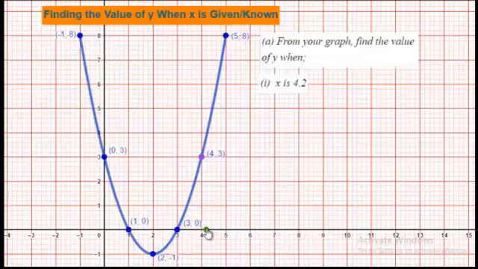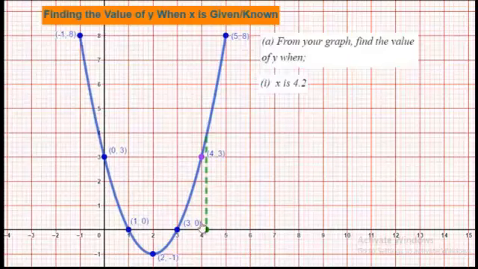Now what I will do is to draw a vertical line from where the 4.2 is to touch the curve, and to touch the curve I must draw the line vertically upwards. If I draw it downwards, it wouldn't touch any part of the curve. So when you are drawing the line, you consider all these.